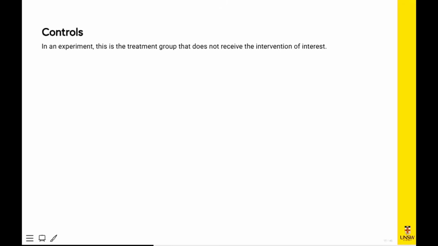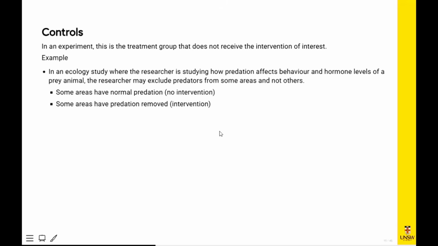A little bit more about controls. In an experiment, it's the treatment group that does not receive the intervention of interest. For example, if you were an ecologist studying how predation affects behavior and hormone levels of a particular prey animal, the researcher may exclude predators from some areas and not others.